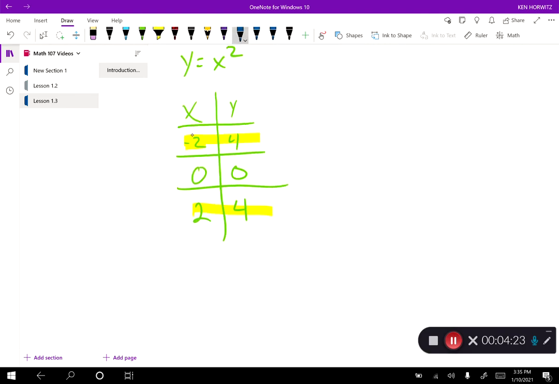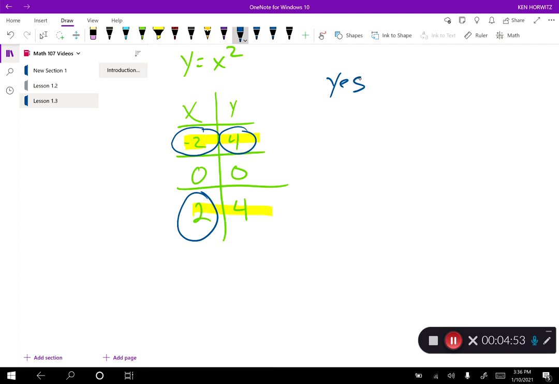So the element -2 associates with 4. Does -2 associate with any other element in y? The answer is no, it only associates with 4. That's okay that +2 associates with 4, because +2 doesn't associate with any other element in y except for 4. So the conclusion is that yes, this is a function.